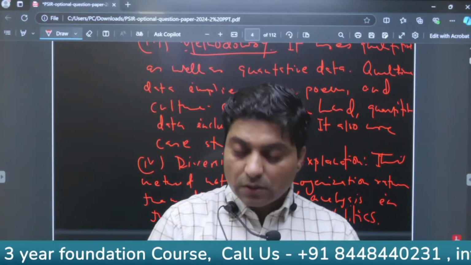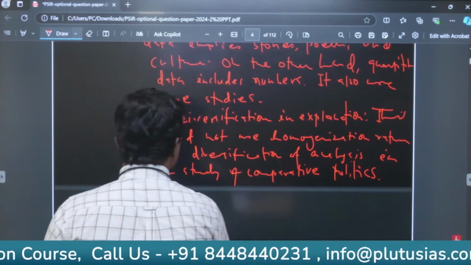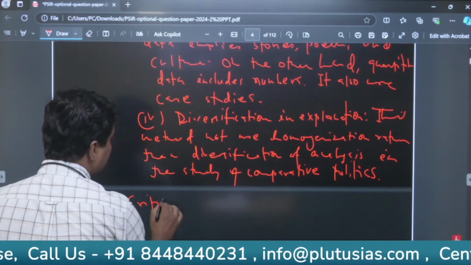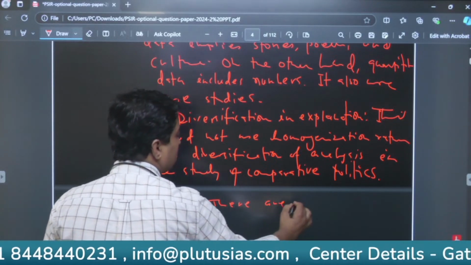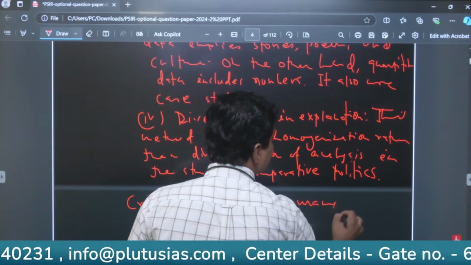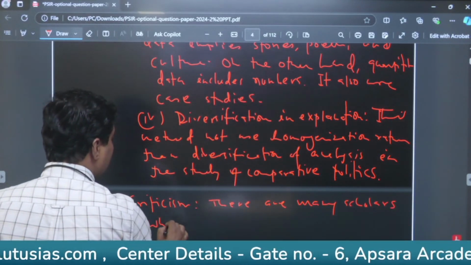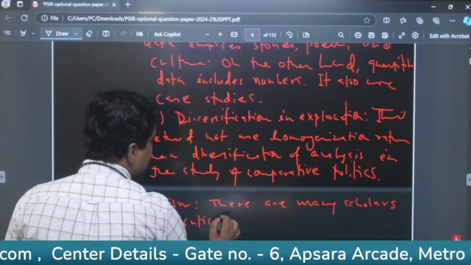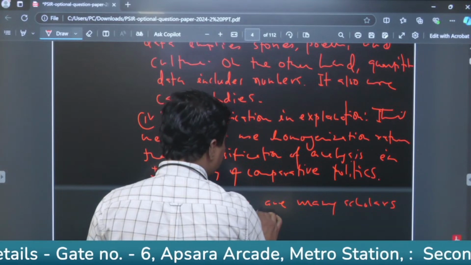Now, what are the criticisms of this approach? There are many scholars who criticize the interpretive approach.